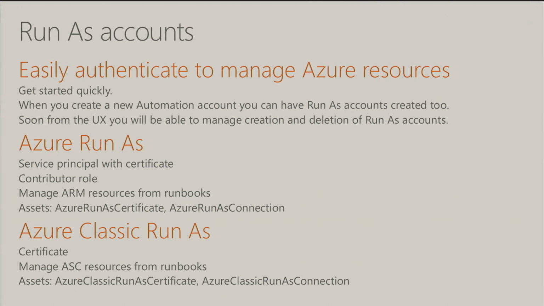We will create all the auth pieces. We will set up the credentials and the connections for you so that it's very easy to just start working against Azure. So if you're working against Azure resources, we've already done the work here with these Run As connections and this authentication that makes it very easy to jump right in. And you can do that either against the ARM resources or against the classic resources if you're still using classic VMs.